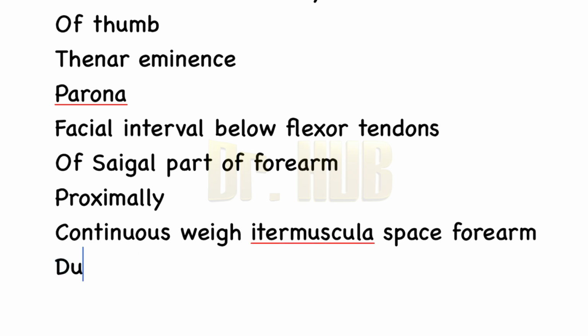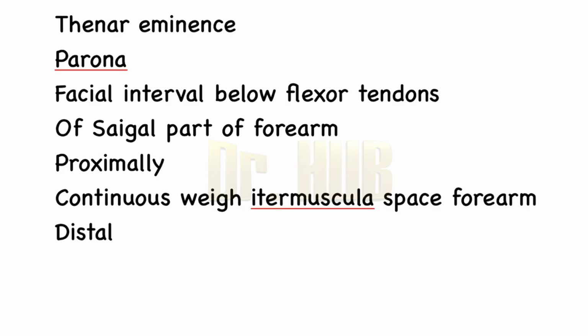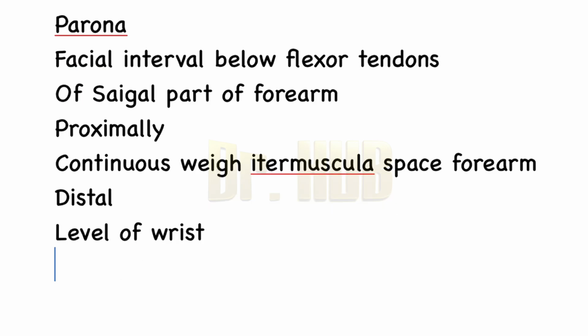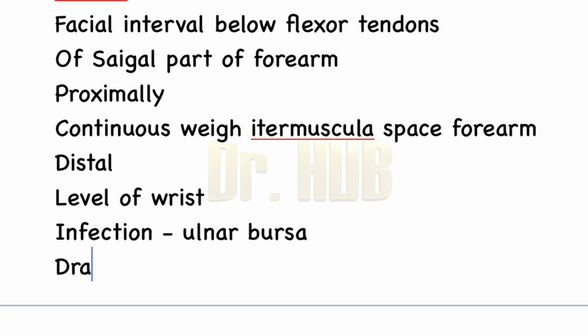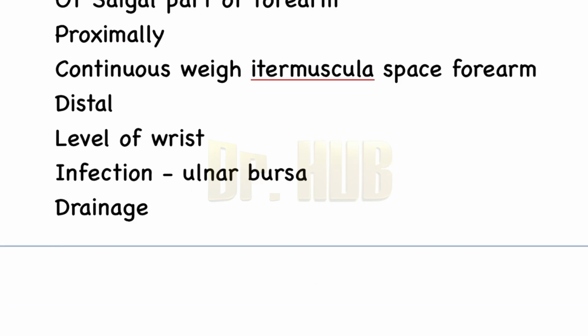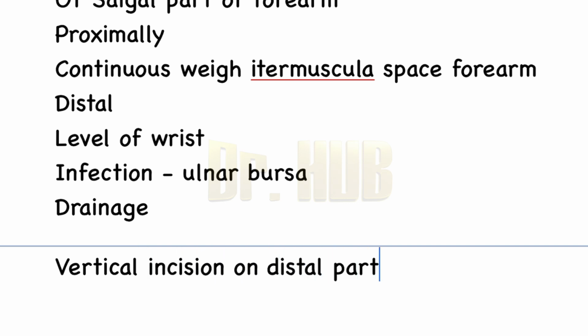Distally, it reaches the level of the wrist. Now, what will be the clinical correlation? In case of infection from the ulnar bursa, the drainage includes a vertical incision on the distal part of the forearm.